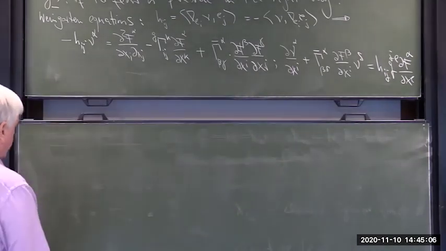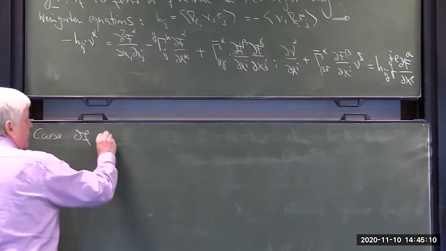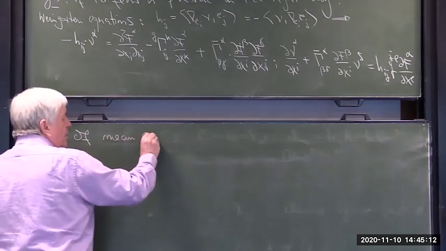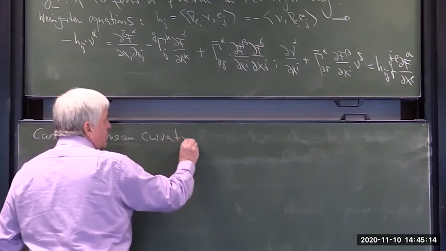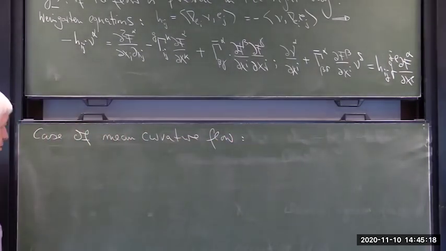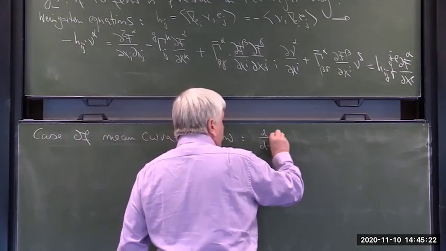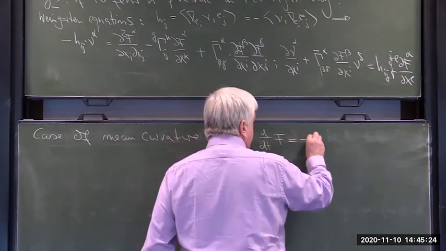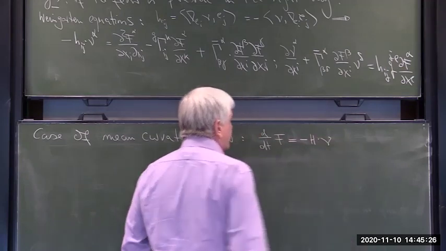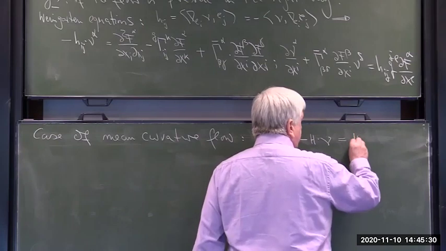So in case of the curvature flow, then you have d/dt of the position is equal to minus H times nu, which is, by the way, called the mean curvature vector.